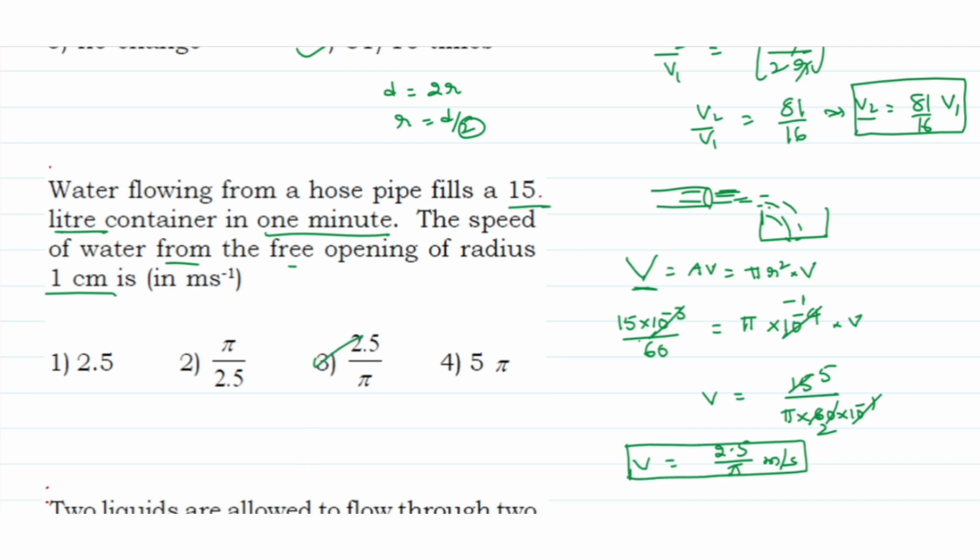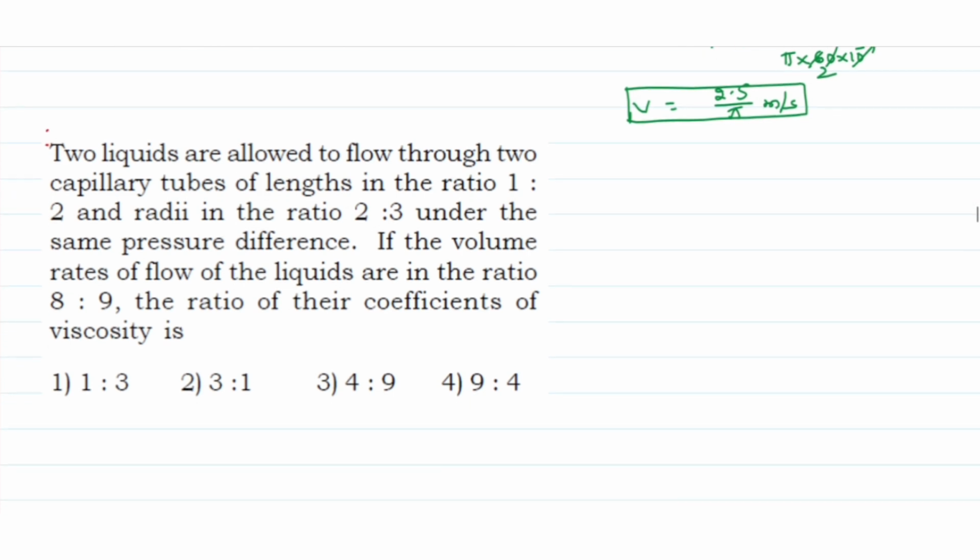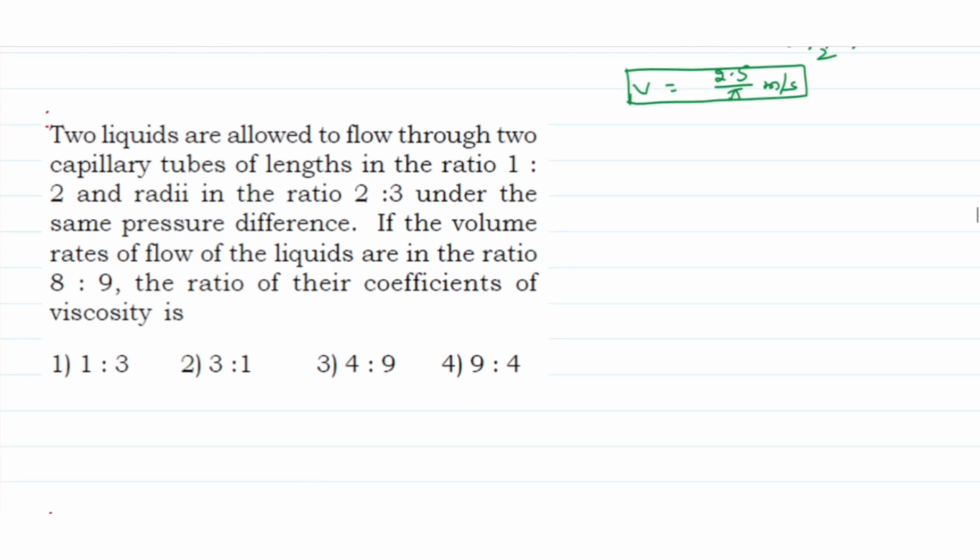Now look at the next question. Two liquids are allowed to flow through capillary tubes of lengths in the ratio 1:2 and radius ratio 2:3. So two capillary tubes have length ratio L1:L2 equal to 1:2, and radii ratio R1:R2 given as 2:3, under the same pressure difference.